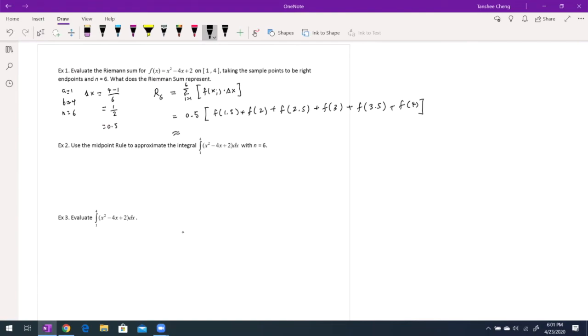Professor, this was going to the right? Yeah, we are using the right endpoint. Go ahead, 1 through 4.